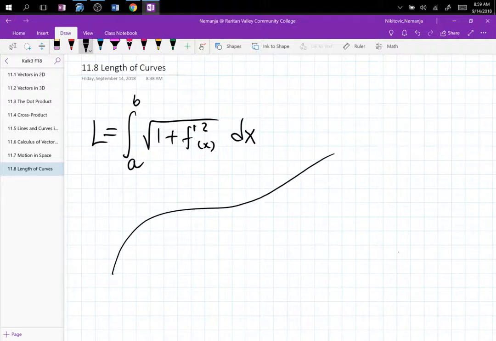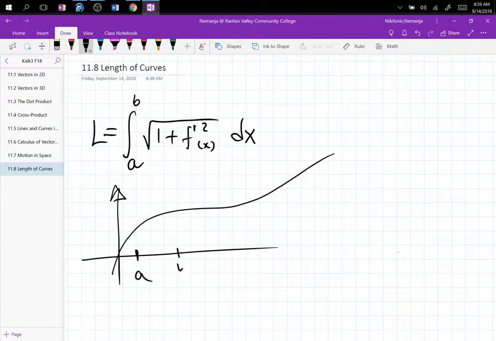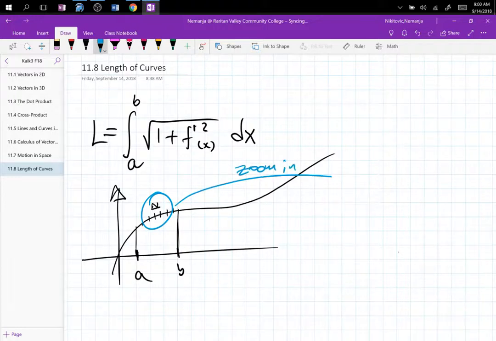If you have a curve and you want to calculate the length, let's say from A to B, you will partition this, and each one of these will be a small delta L. So now, when I zoom in, we get a curved little piece, delta L, with a straight line approximation.